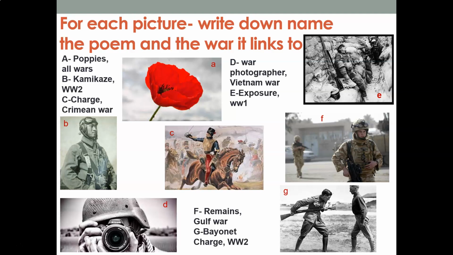But look, in itself, it just almost makes you think in that moment, that proximity, that war is often about being futile, and waiting for something to happen, but then when it happens, it's that proximity of getting up close to the person whose life you have to take. So guys, we've got the Crimean War from 1853 to 1856, all the way up to remains, modern warfare, the Gulf War in the 1990s.